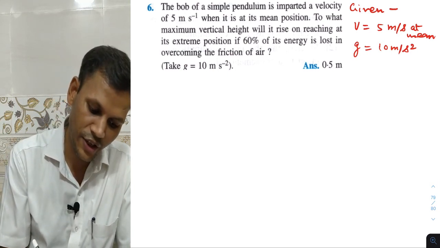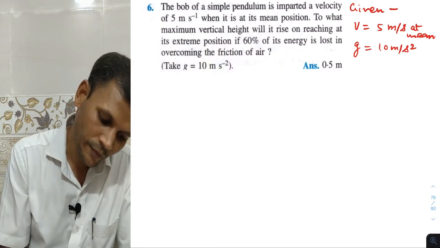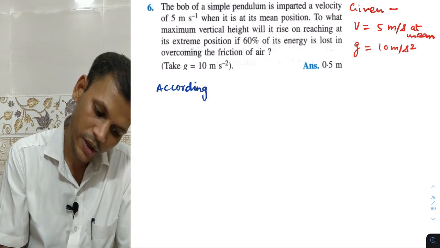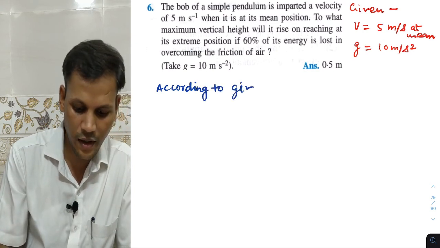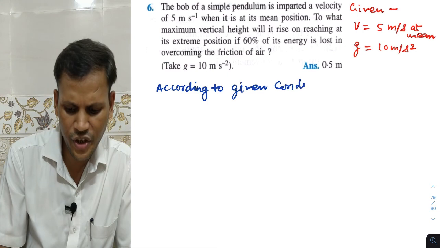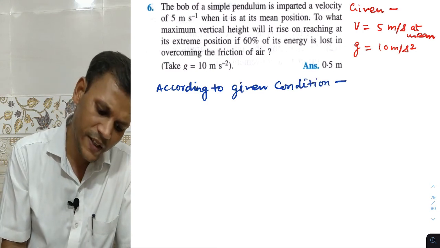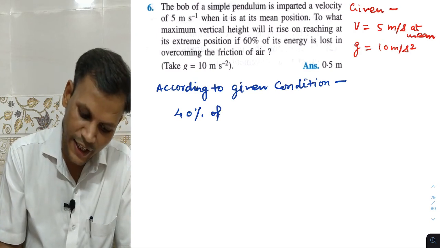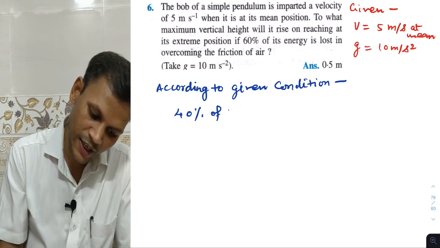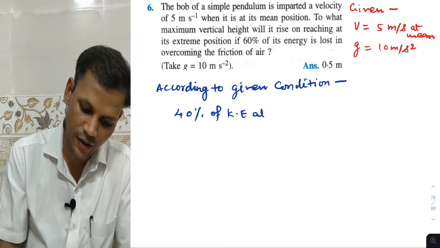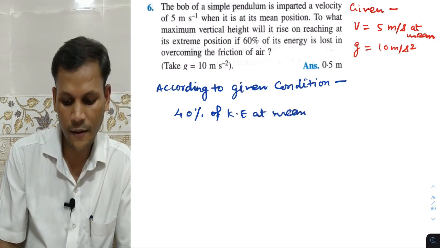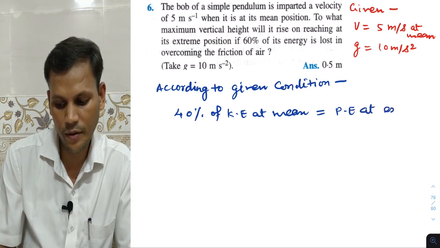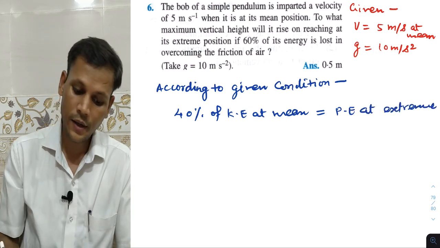So we will write according to given condition. What condition is given? 40% of kinetic energy at mean will be same as the potential energy at extreme, because 60% gets lost.